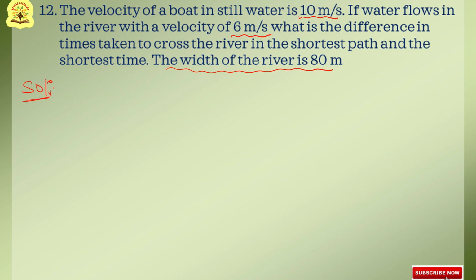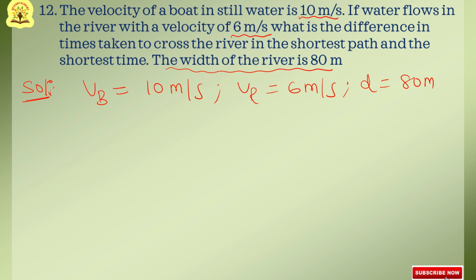Here they have given the velocity of the boat Vb is equal to 10 meters per second, the velocity of the river Vr is 6 meters per second, and the width of the river D is 80 meters. Here you have to calculate the difference in times taken to cross the river in the shortest path.